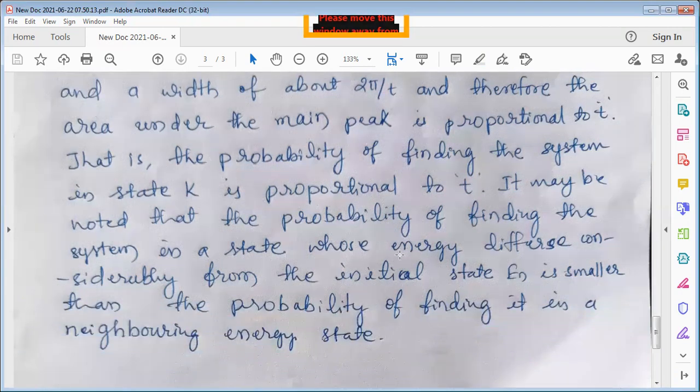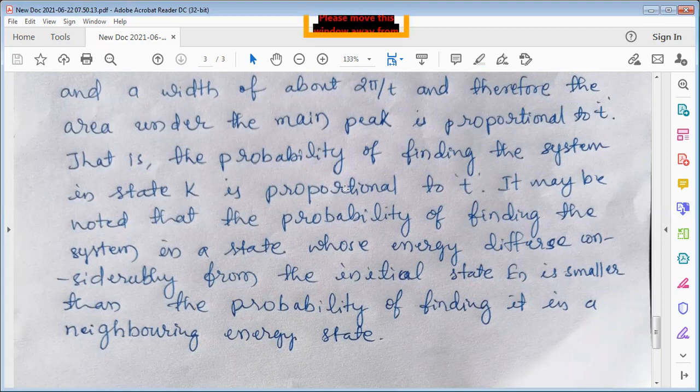The probability of finding the system in state k is proportional to the time t. This is very important. The perturbation on the system exists only within the time t equal to 0 to some time t.